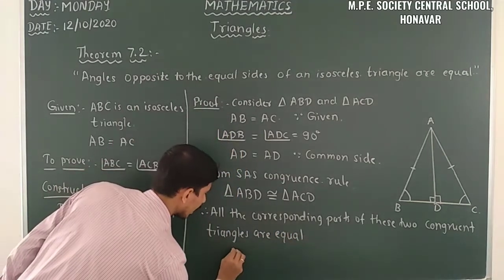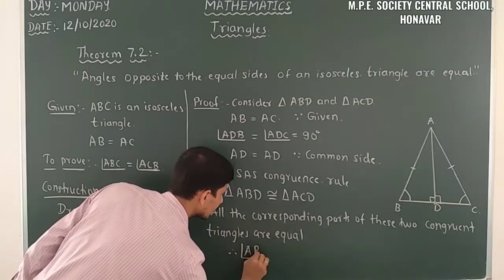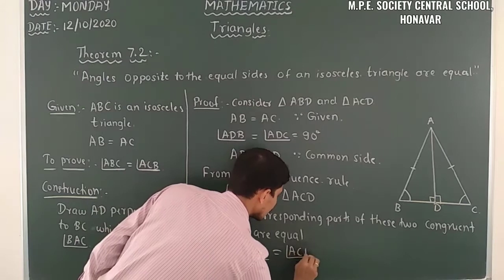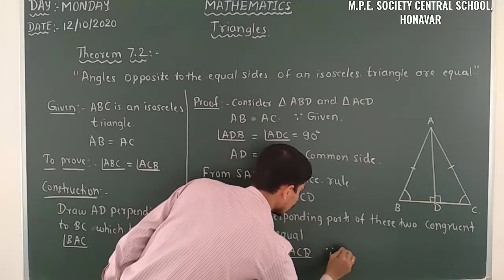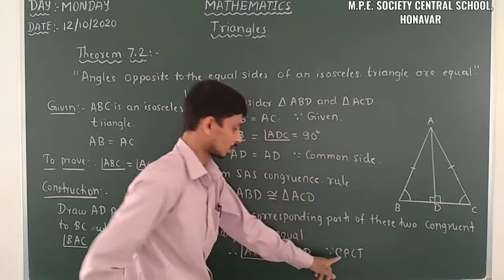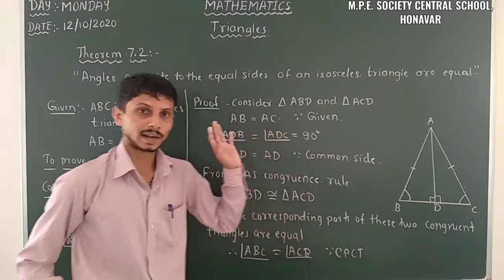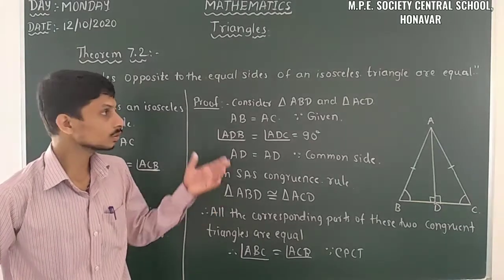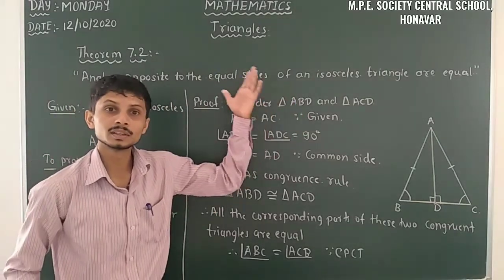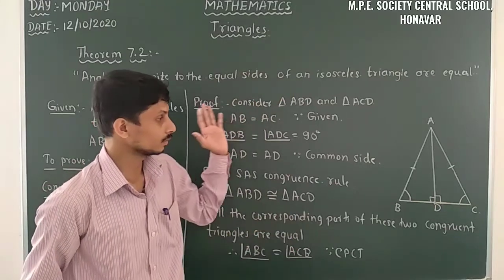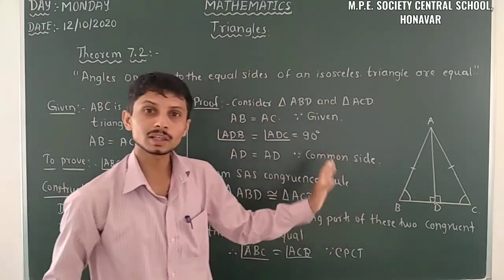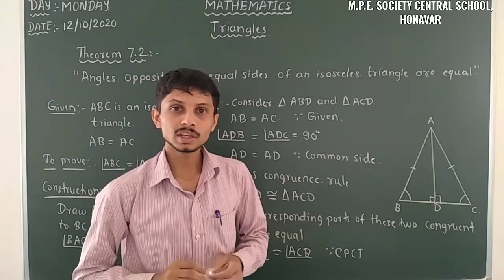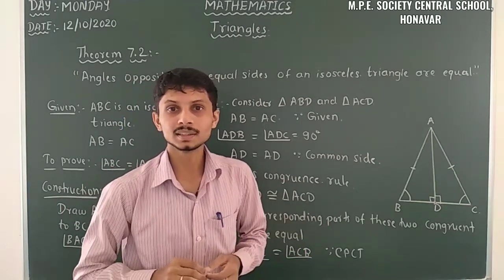Therefore angle ABC is equal to angle ACB, because it's CPCT, that is, corresponding parts of congruent triangles. So we have the required proof. This is the proof of this theorem, that angles opposite to the equal sides of an isosceles triangle are equal. So let us take the converse of this theorem.